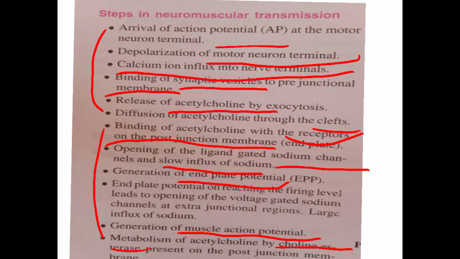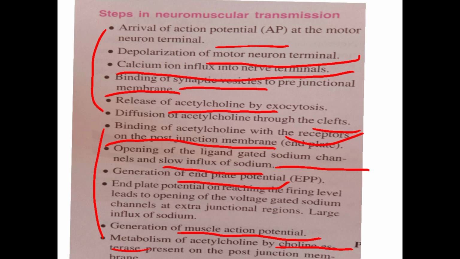Neuromuscular junction is a very important major question. They will ask what is NMJ, neuromuscular junction. Explain with the diagram. You have to draw the diagram, then the transmission of action potential through the neuromuscular junction.